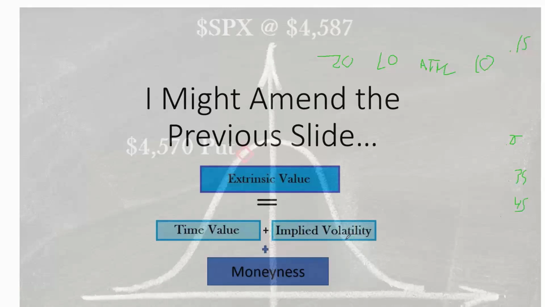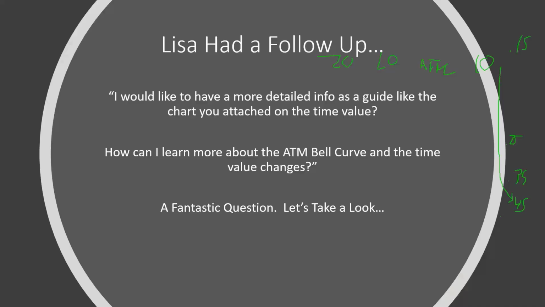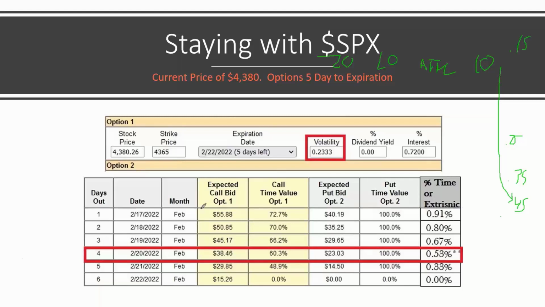See, that's going to change drastically because the expected time value percentage is going to increase a certain percentage with each little movement of volatility. Even a 0.05 movement, say going from 15 to 20 to 25, you'd see a significant change in those expectations of extrinsic value.